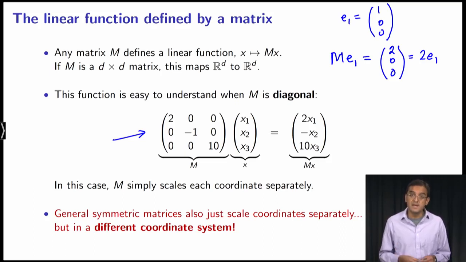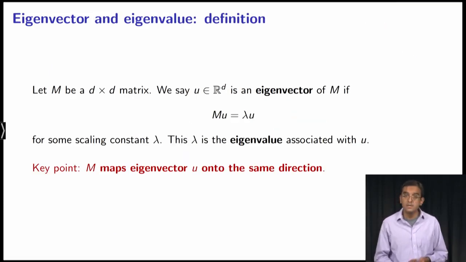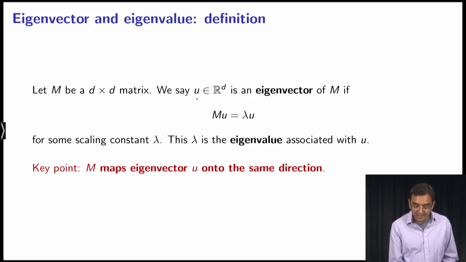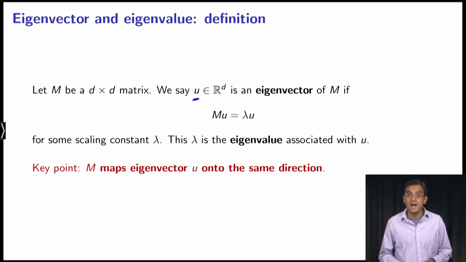So this gives us an idea for how we might define the notion of a natural direction. Let M be any d by d matrix. We'll say U is an eigenvector of M if M sends U to another vector in the same direction.